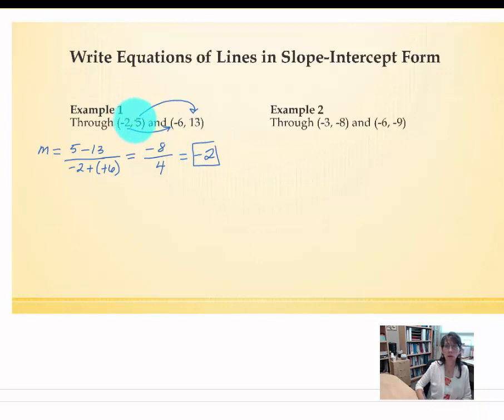Now it doesn't matter which of the ordered pairs you choose to write the equation of your line, because both of those points are on the line. So I'm just going to go with the first ordered pair that's given, negative 2, 5. So if I have negative 2, 5, remember that negative 2 is the x value, 5 is the y value.